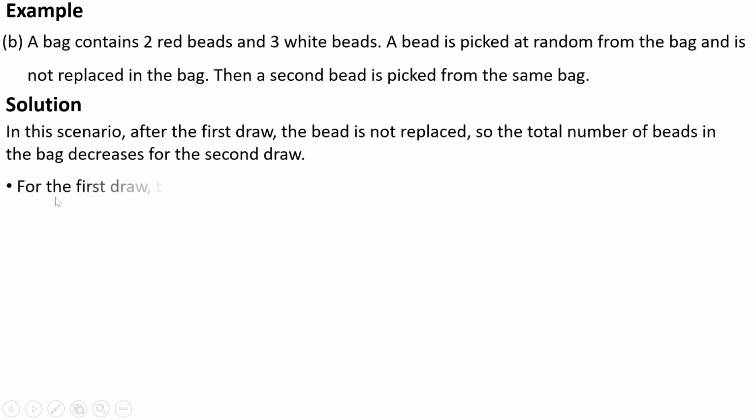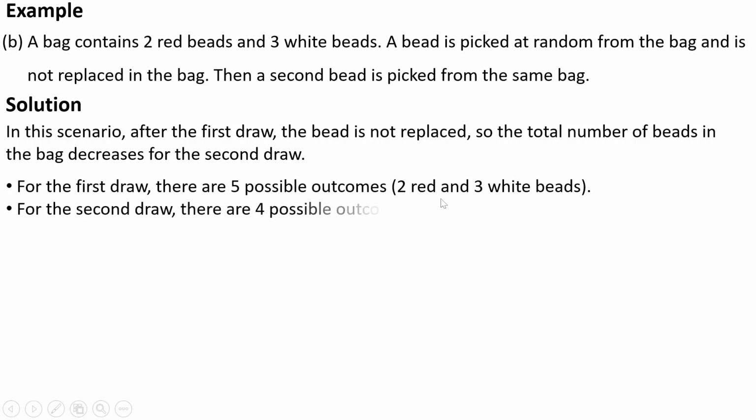So for the first draw, there are 5 possible outcomes, 2 red and 3 white beads. At that particular time, the total number of beads was 2 plus 3, which is 5.